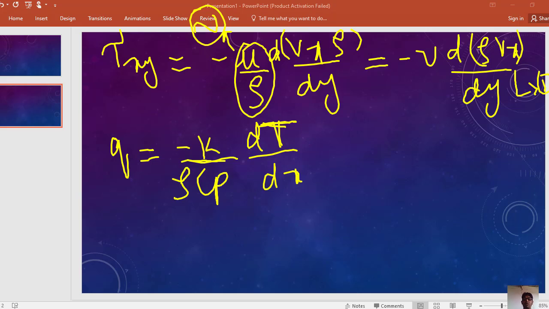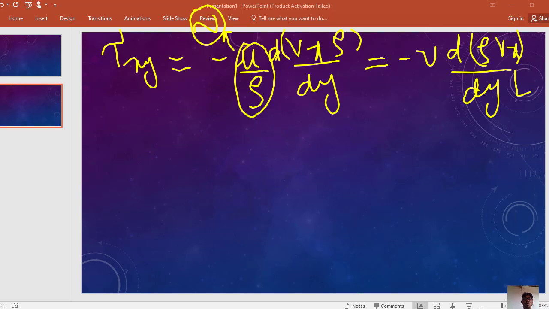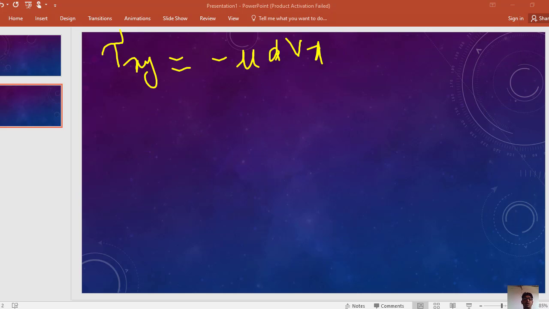And equations 1, 2 and 3 are on the molecular level. On the molecular level we can study momentum flux using Newton's law of viscosity. Similarly, on the molecular level we can study the heat flux by using Fourier's law of heat conduction. Similarly, on the molecular level we can study the mass flux or molar flux by using Fick's law of molecular diffusion.